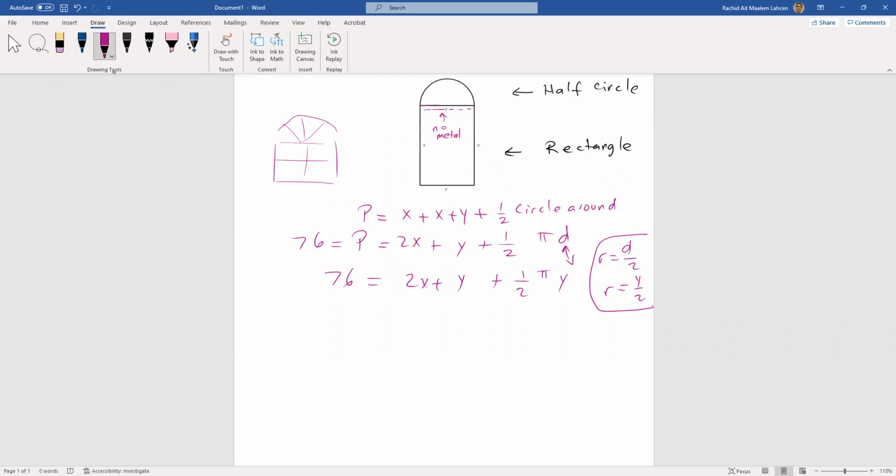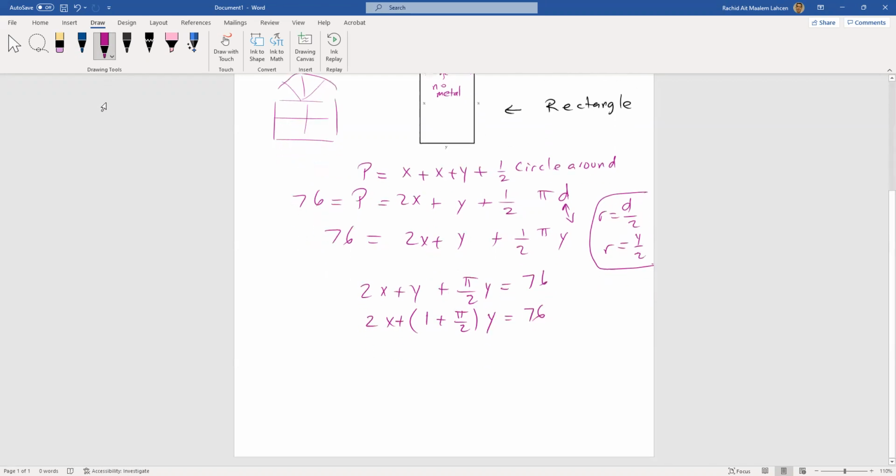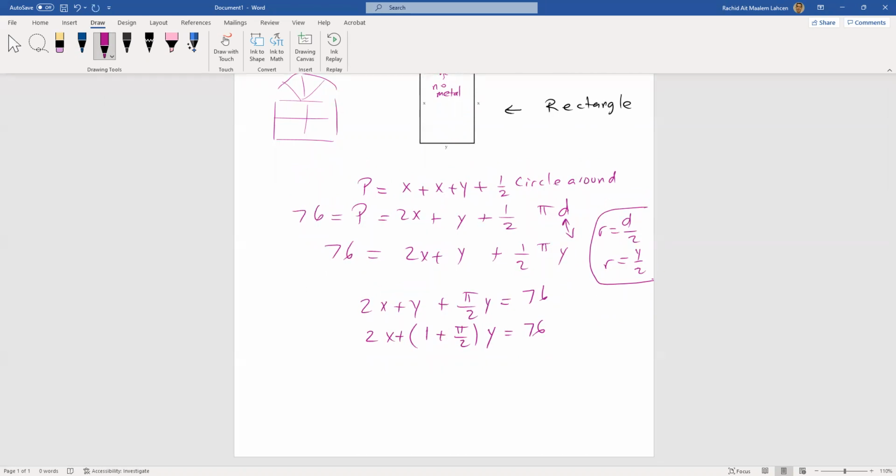All right, so 2x plus y plus pi over 2 y equals 76. Looking at this, you see that if you're factoring the y, it's going to give you this kind of fraction that will make the work troublesome. So this will make us rethink the best way of doing this.